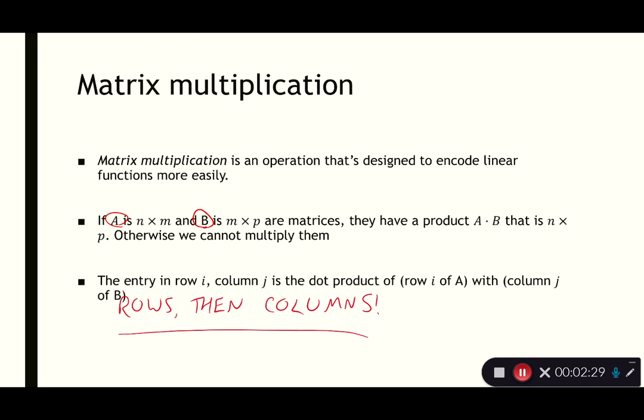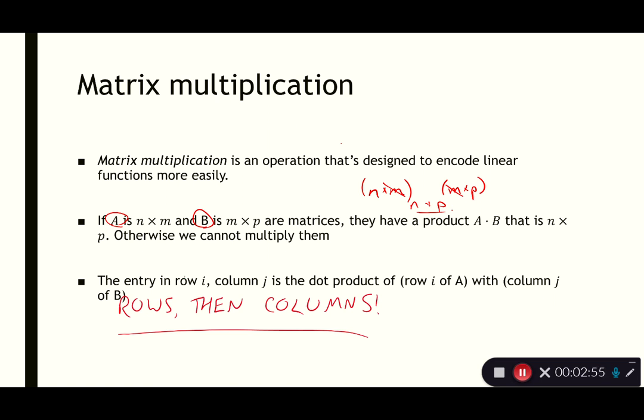If that's true, then they have a product. So if we have an n by m matrix and an m by p matrix, we're allowed to multiply them. The middle sizes cancel off and we're left with an n by p matrix. We have no rule for multiplying them if they're not matching sizes like this.